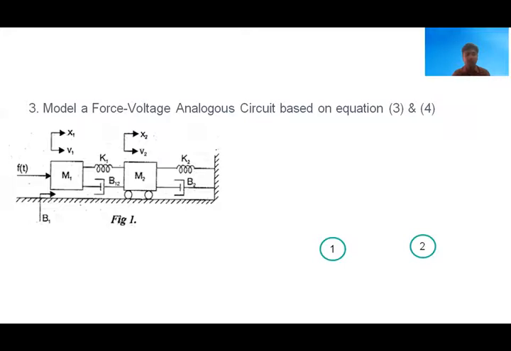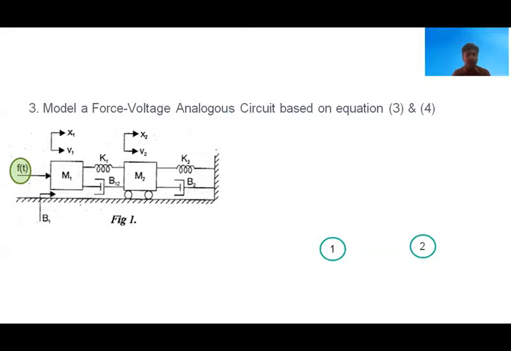Since two mass body elements, we must have two loops in the electrical circuit. Say loop 1 and loop 2. Create two loops like this.